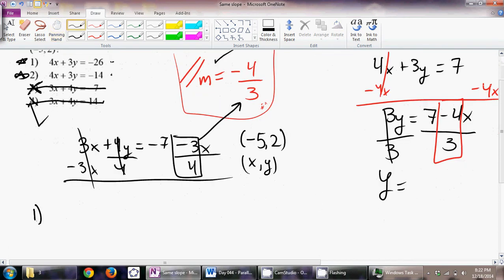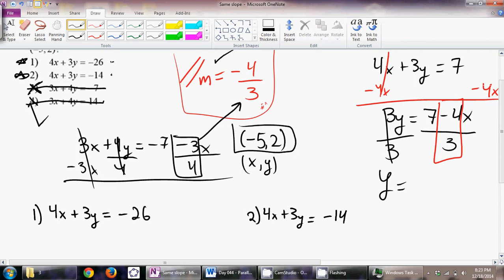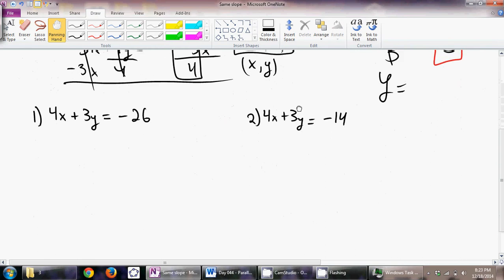So answer choice 1 is 4x plus 3y equals minus 26. And answer choice 2 is 4x plus 3y equals minus 14. And I'm checking to see if this point is in these lines.